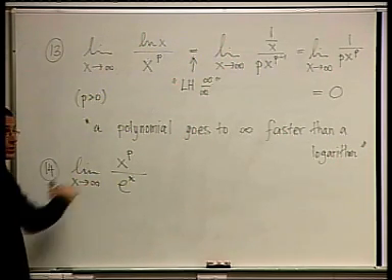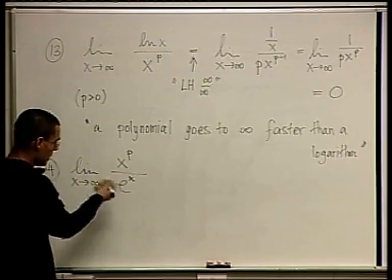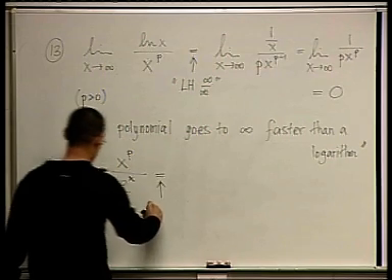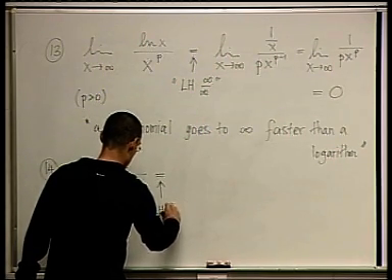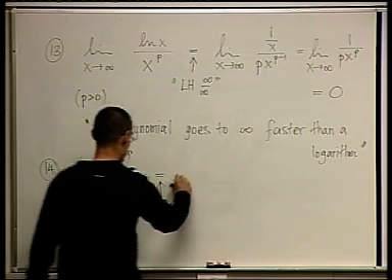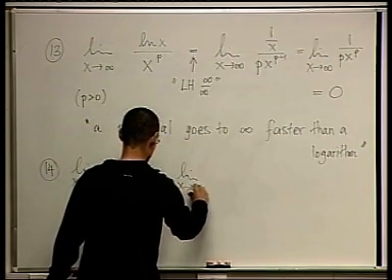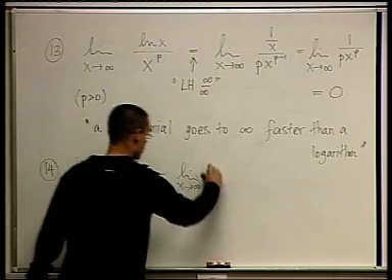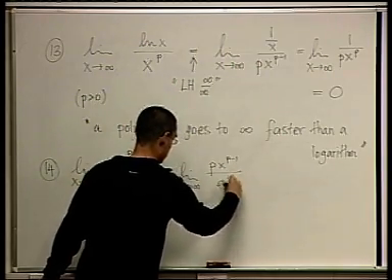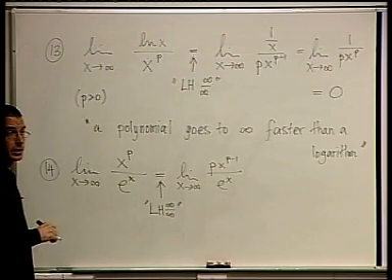The exponent is going to win. And the way to prove this is say, okay, p is greater than 0, L'Hopital, infinity over infinity. So this is the limit as x goes to infinity of p x to the p minus 1, divided by, well, e to the x doesn't change.